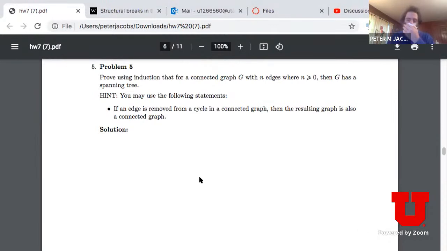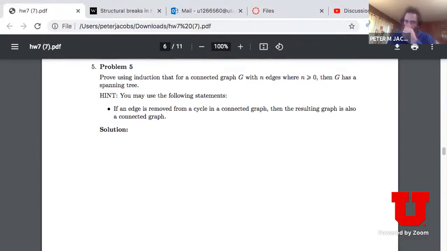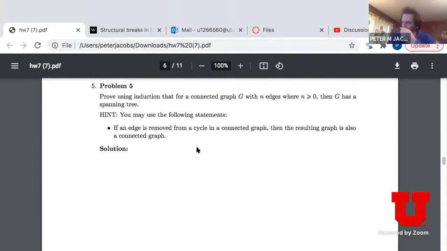All right. So it's proof by induction again. So we're going to want to write down some kind of a predicate. So it says, using induction, prove that G has a spanning tree provided G is connected. And this should be done for an arbitrary number of edges n.